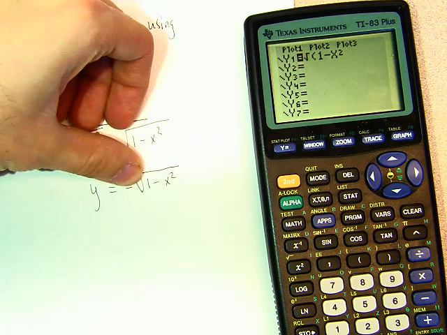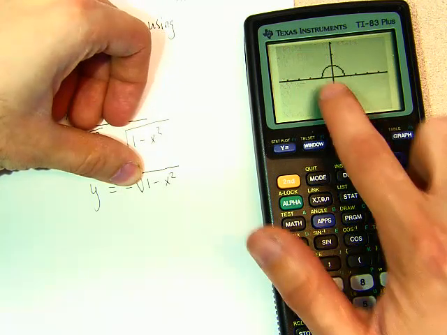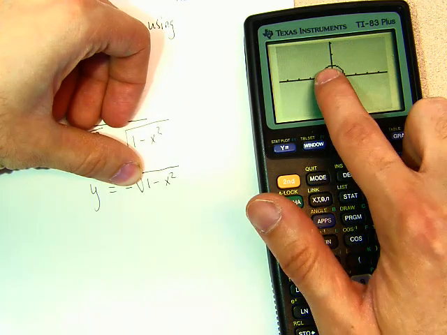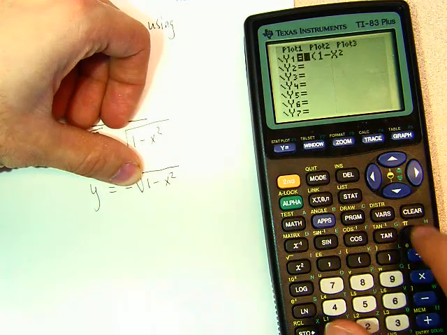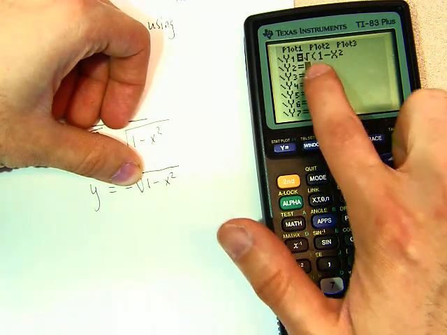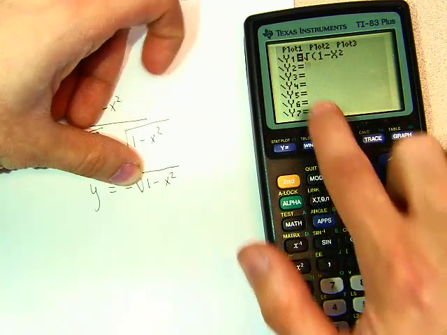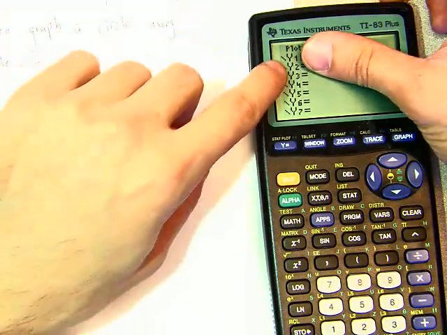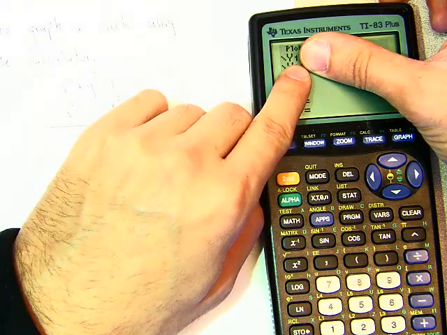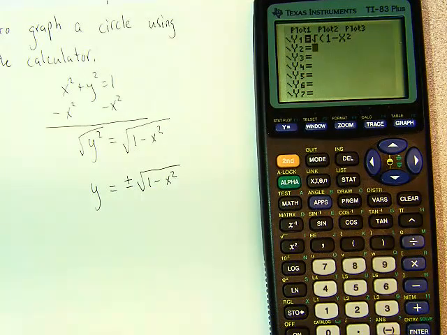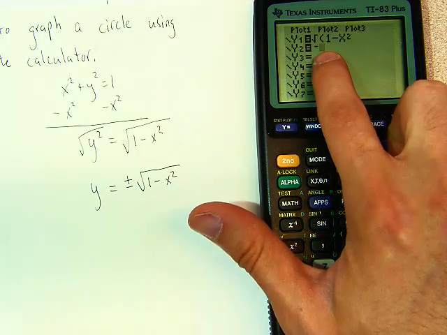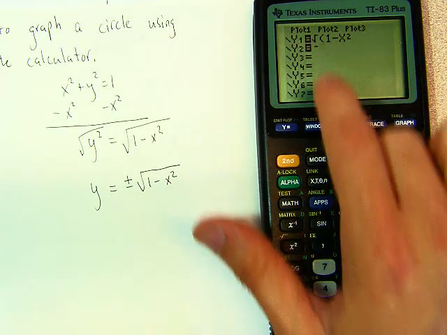To get the negative values, which will represent the bottom side of the circle, we need to go to y equals. And a nice little trick is to get the negative values of y1. So we could just put the negative symbol here, and let's put in y1 into this function.